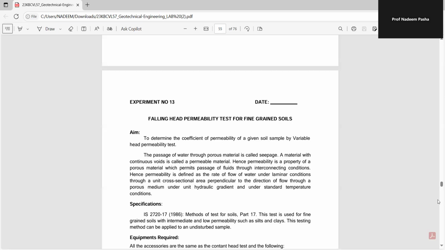This test is used for fine grained soil with intermediate and low permeability, such as silts and clays. This test method can be applied to an undisturbed sample.